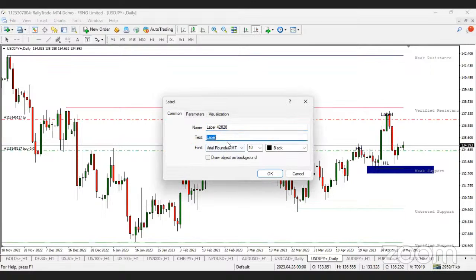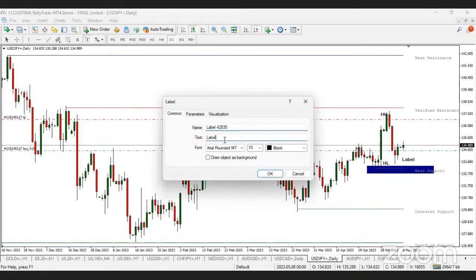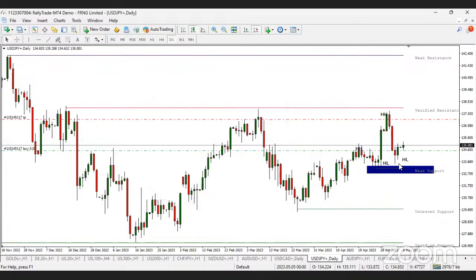This is our higher high, which now this is our higher low. So price is still pushing in an uptrend because price did not break the last higher low. We are still in an uptrend.